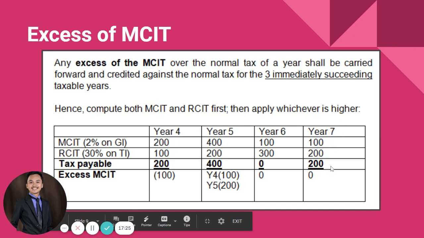And on year 7, needless to say, we also have no excess MCIT since our tax due is from RCIT of 200,000. Okay? That should be very clear that the use of MCIT is again based on gross income, and any excess of MCIT over your regular corporate income tax can be credited forward for the next 3 immediately succeeding years.